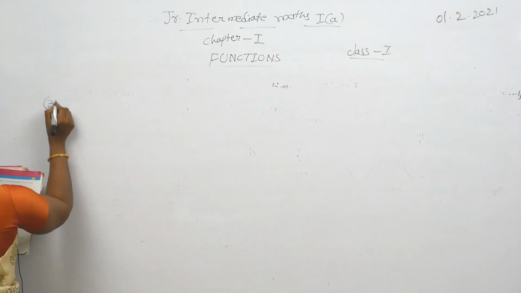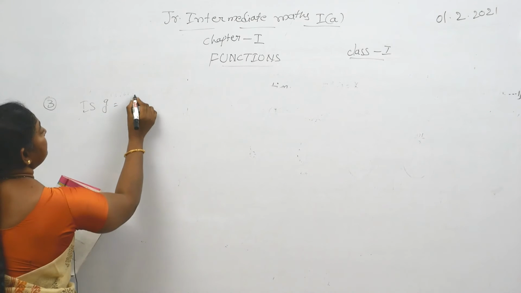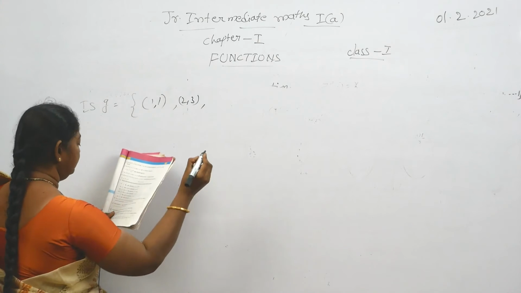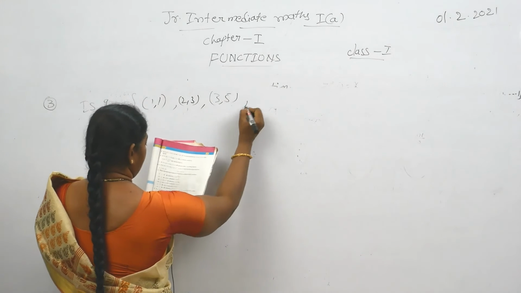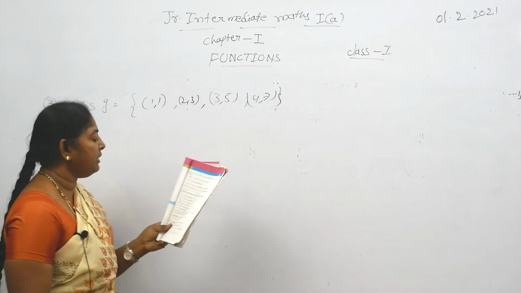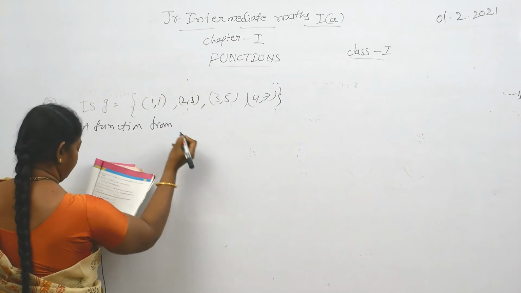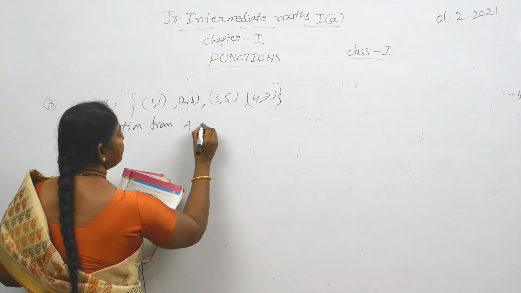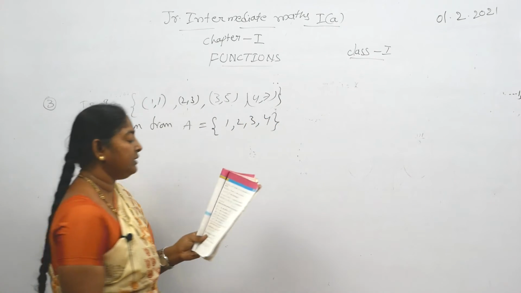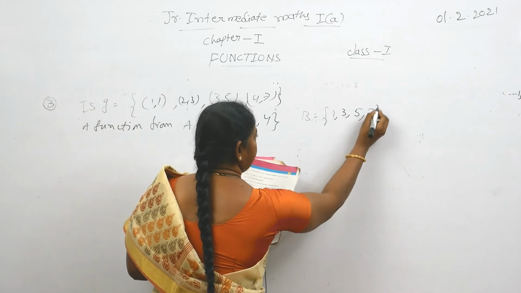Next, the third Roman numeral problem. g equal to the set of (1, 1), (2, 3), (3, 5) and (4, 7). A function from A equal to the set {1, 2, 3, 4} and B equal to the set {1, 3, 5, 7}.